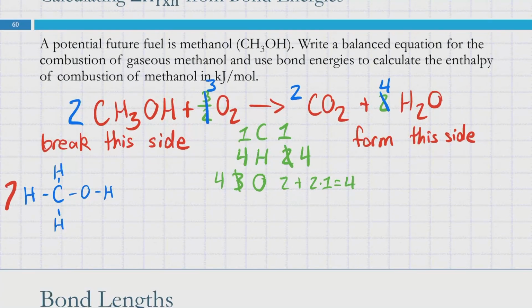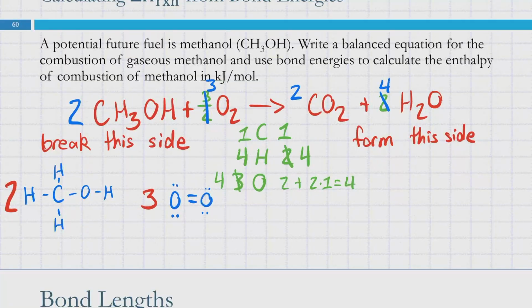So we're going to have 2 of those methanols. We're going to have 3 oxygens. Our O2 Lewis structure has a double bond in it. So that's the left side.